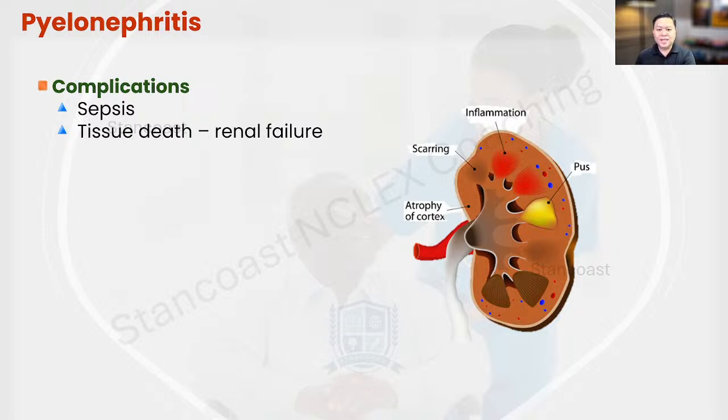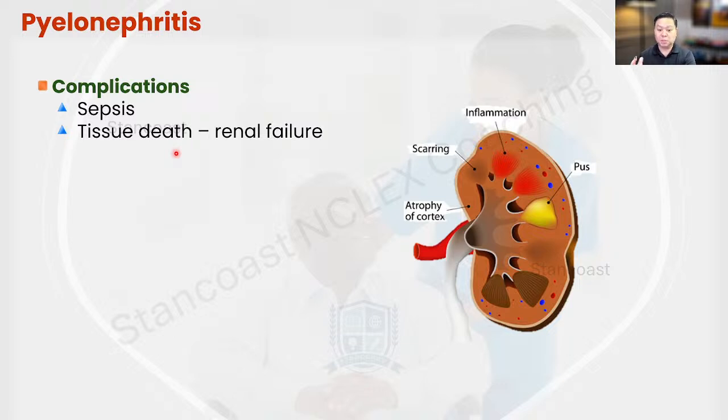Now, what is the manifestation here when there is tissue death? Well, this is a time when the patient really will feel that costovertebral angle tenderness. There is that flank pain, and then they're also going to manifest some blood in the urine.